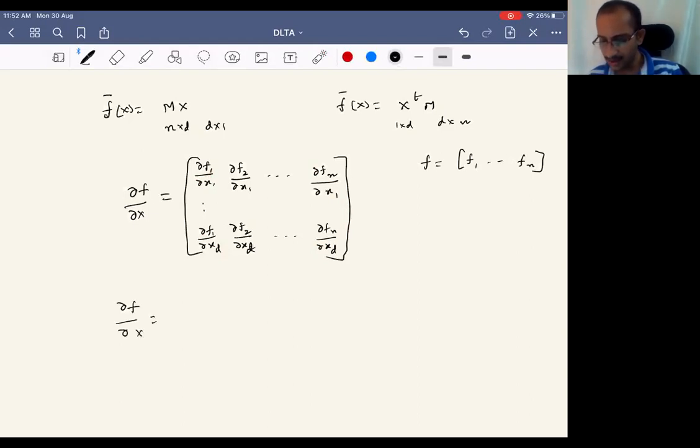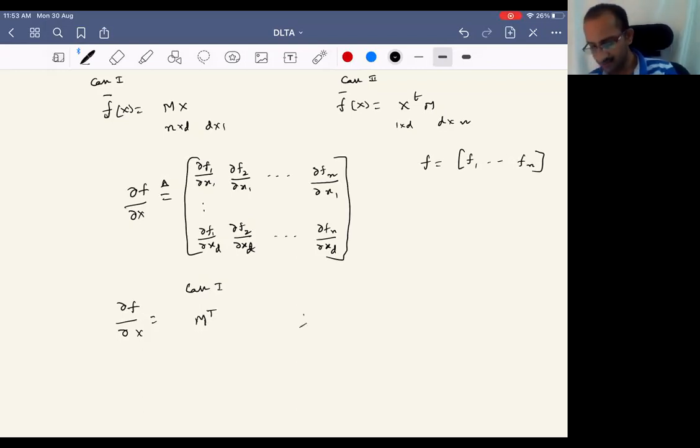Fine. So now, if you compute, what is dou f by dou x with this definition? We fix the definition in some sense. With this definition, what is the answer for case 1 and case 2? For case 1, it is M transpose. I request you to check.